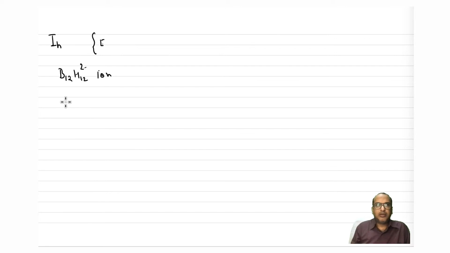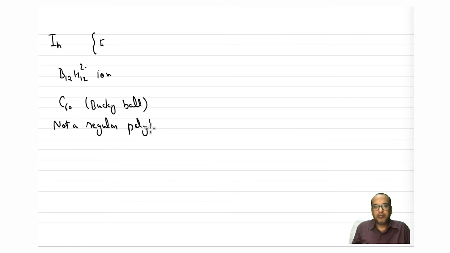Another famous example is C60, which is also called the buckyball. It is not a regular polyhedron because here you have alternating pentagon and hexagon faces, right? We all know the structure of Buckminster fullerene. So C60 buckyball is not a regular polyhedron, but still it forms under the IH point group.